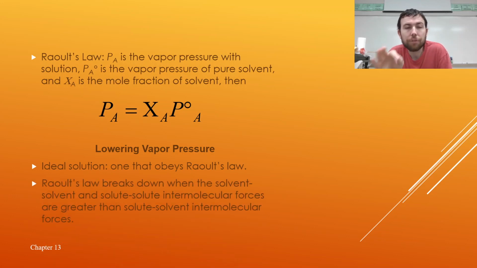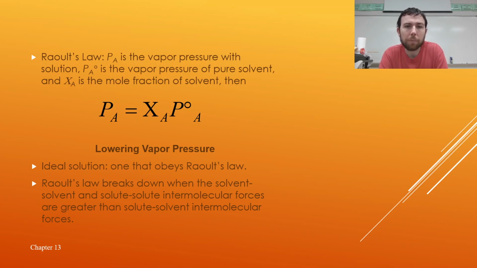Now, what we do need to recognize is that Raoult's law is going to break down when the solvent and solute intermolecular forces are greater than the solute-solvent intermolecular forces that are formed, right? So we're talking about situations where the intermolecular forces in the solute and solvent are weaker than the interactions between the solvent and solute.